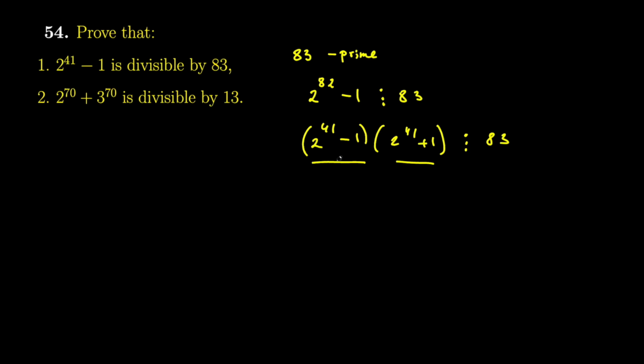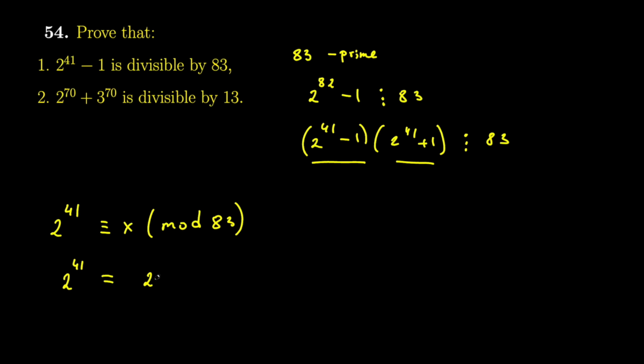What we want to do is find the remainder when 2 to the power 41 is divided by 83. You can look at this problem as 2 to the 41 mod 83: what's x? What I'm going to do is try to make this number smaller.